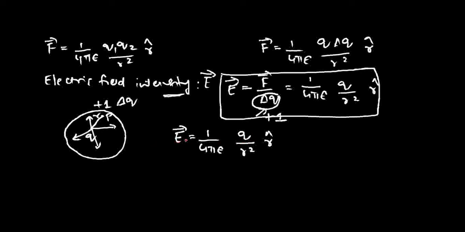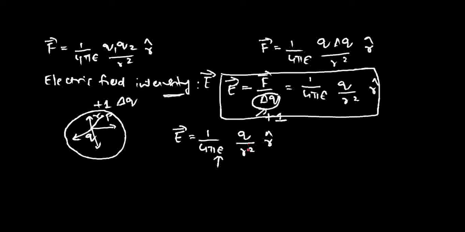Electric field intensity also depends on the charge Q. It depends on R, that's the distance of the point P from the charge, and it also depends on the permittivity of the medium. That means electric field intensity strongly depends on the medium.